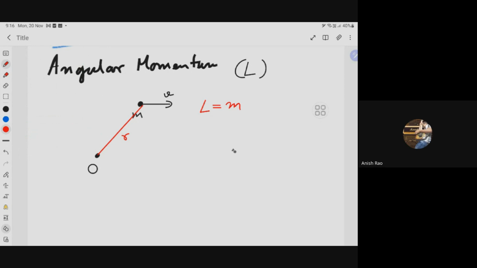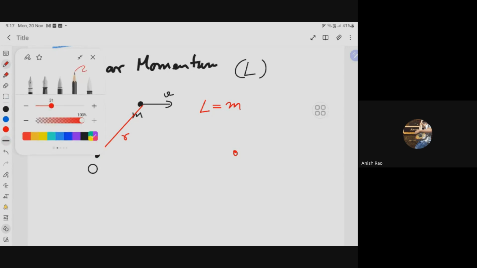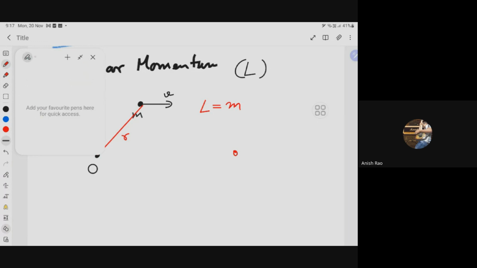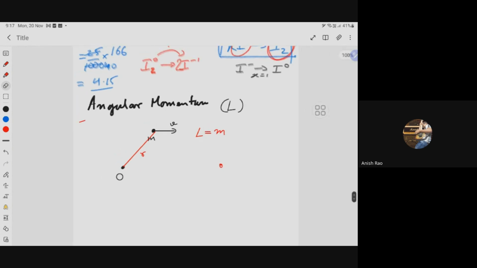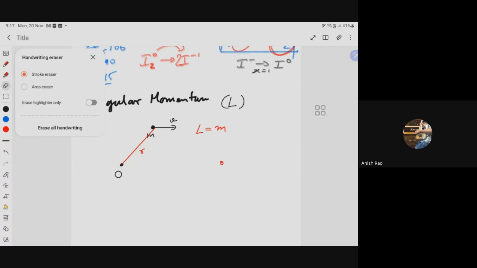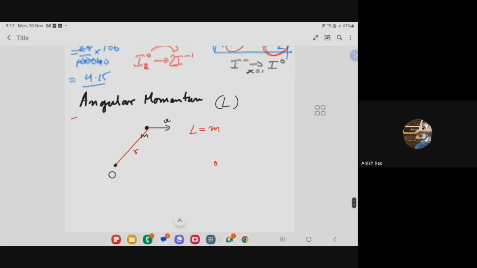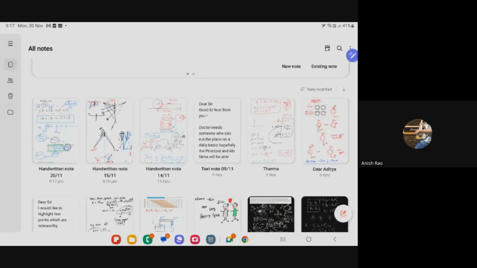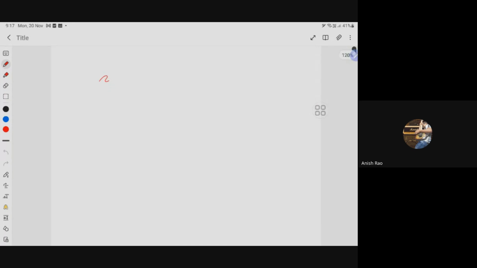I'll try to figure out. Yeah, I think it is normal now. You can still see my screen, right, guys?